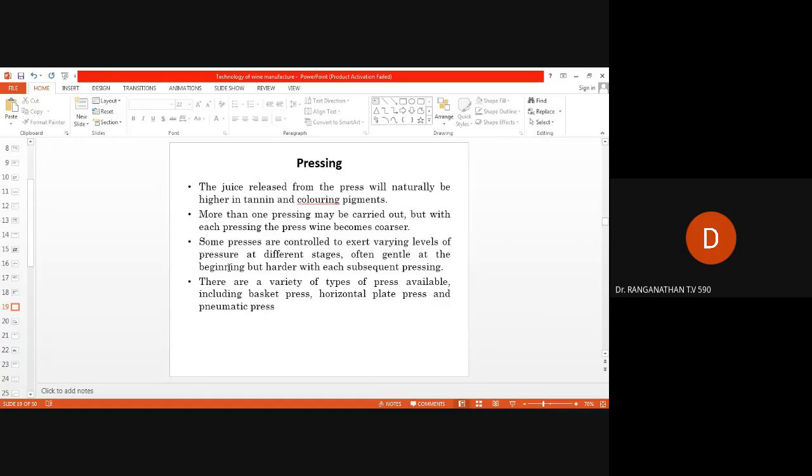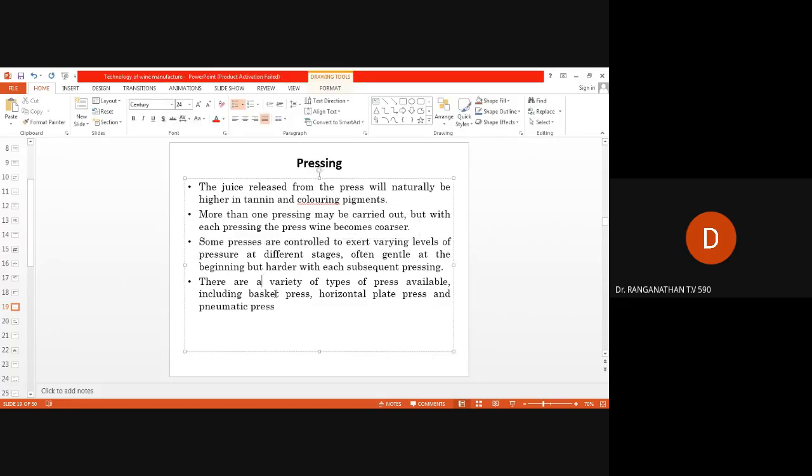So to prevent that, if I only want the skin material and less of the bitterness or tartness that comes from the seeds, a lesser pressure is required. Depending on the tartness that is required, I can vary the pressure in the press.